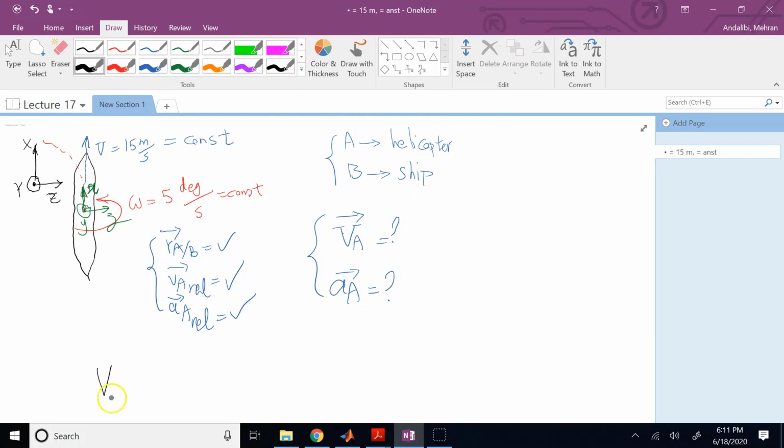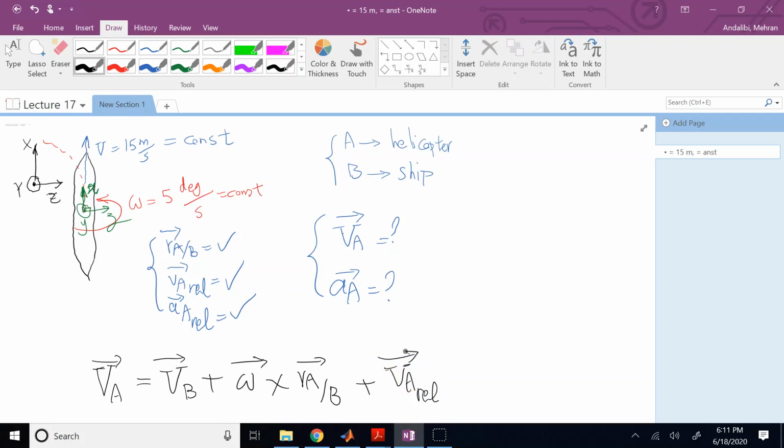So we say v of A relative to the fixed frame is equal to v of the ship with respect to the fixed frame plus omega of the ship cross r of the helicopter with respect to the ship plus v of the helicopter relative to the ship. Okay, so that's all we need to do.